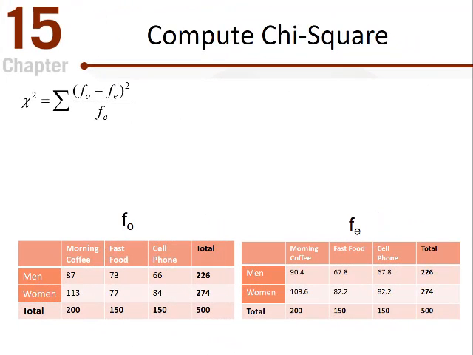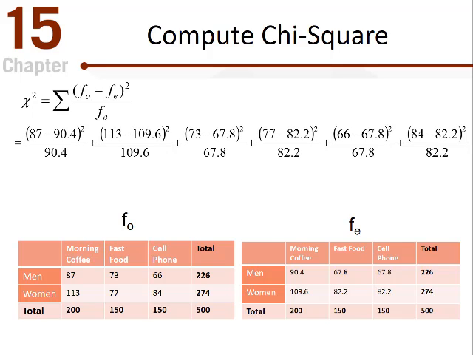So now we finally get to the point where we can compute our chi-square. So here's the formula. Here's our sample data set from where we get the frequency observed. We already made our table for frequency expected if the null hypothesis was true. And now we just have to plug in. It is the sum of the frequency observed minus the frequency expected squared over the frequency expected.